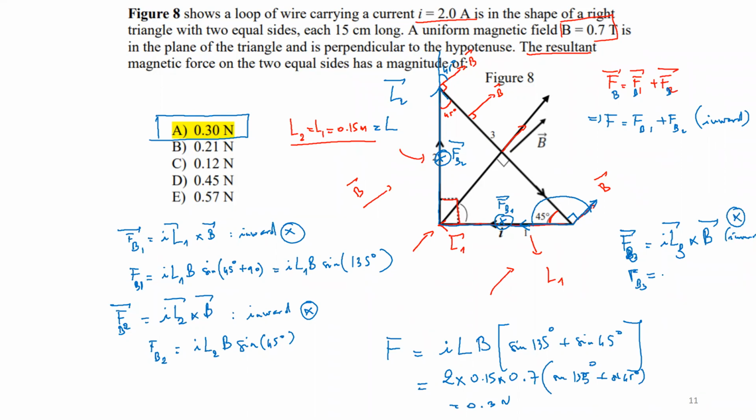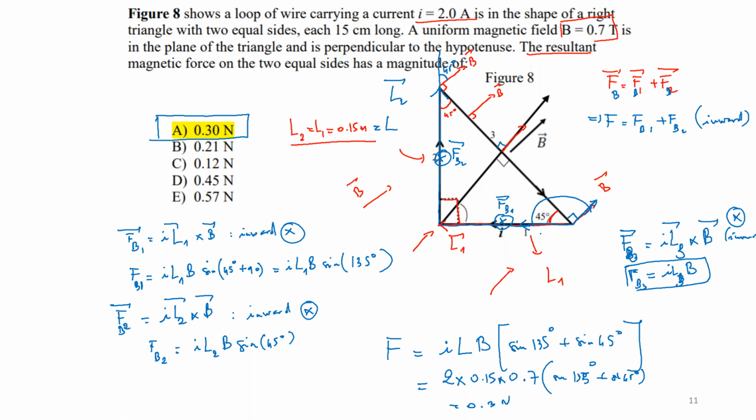Now, in magnitude, it will be I L3 B sine the angle between L3 and B. Of course, it's 90 degrees. So sine 90 degrees is 1. Okay, so this is it. And then you calculate the magnitude, of course. But here I just wanted F1 plus F2. I did not talk about F3.